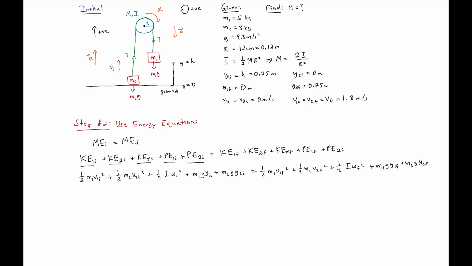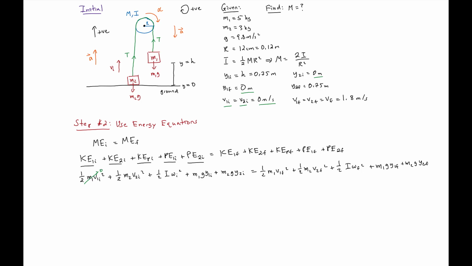So first we want to take a look at what values are 0 so that we can get rid of them quickly. We know that anything associated with vi, so the initial speeds for both the first and second mass, are 0.